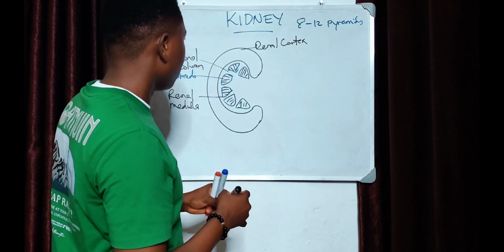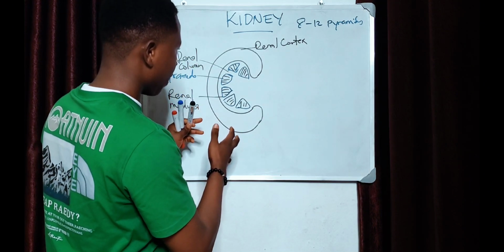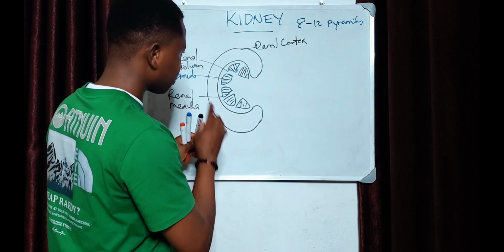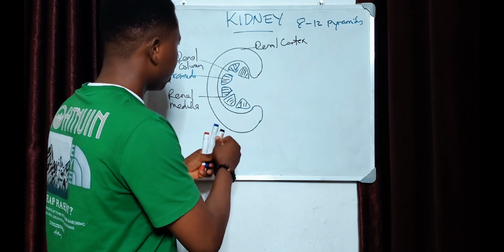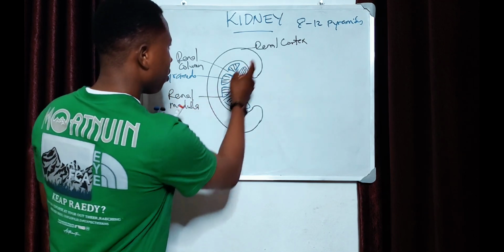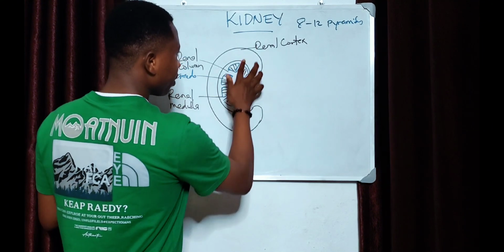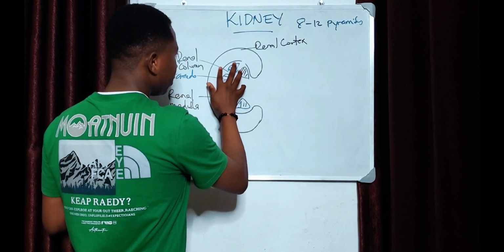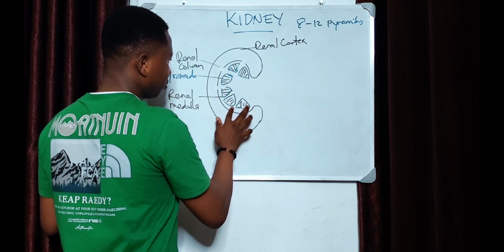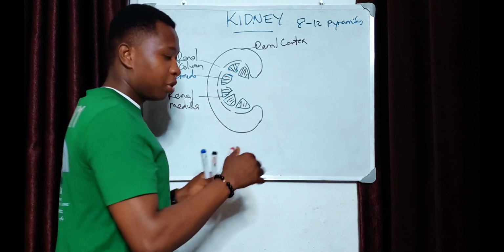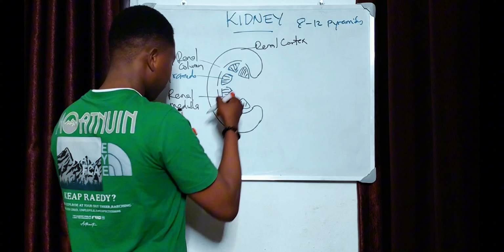Right? So what else do we now have? Now, watch now. This renal cortex has an extension, and the extension of the renal cortex forms the renal column. I hope you understand. The extension of the renal cortex forms the renal column.